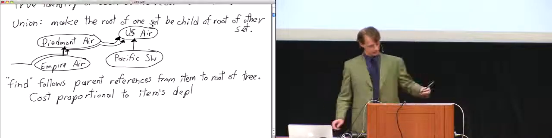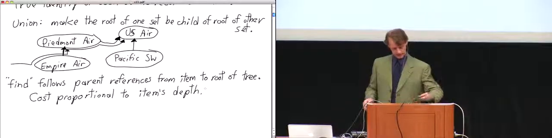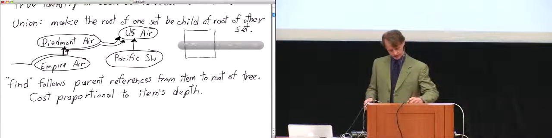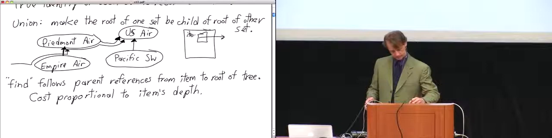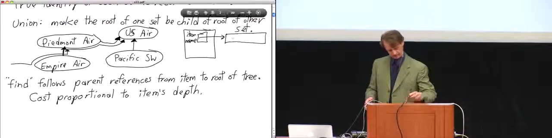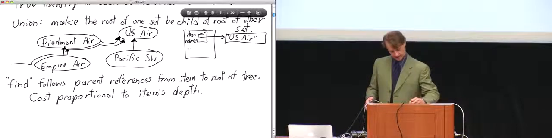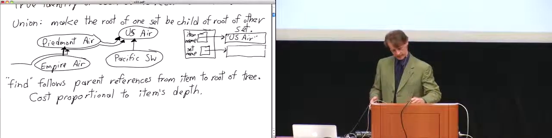But what it might really look like is something like an object that has an item name, which is a string saying US Air, and it might also have a set name field, which, in this case, if you wanted to name the conglomerate DumCore, then you can name it DumCore.